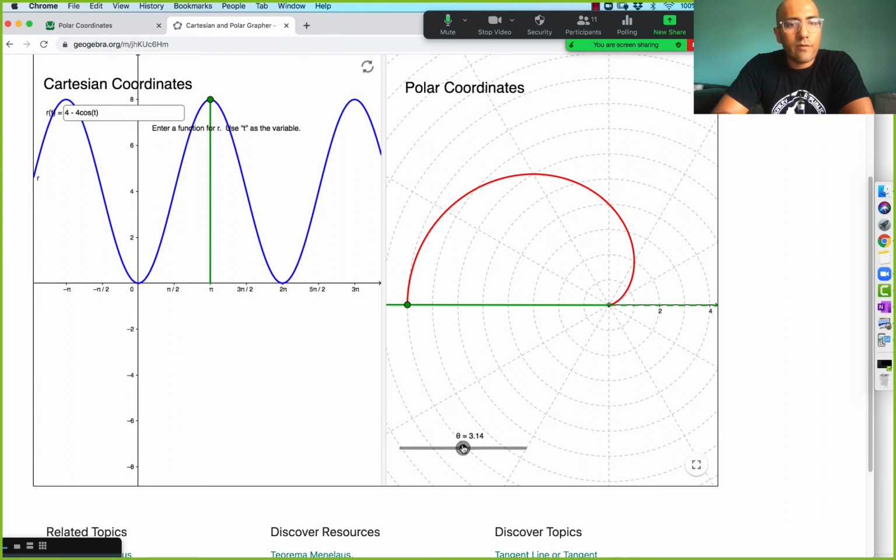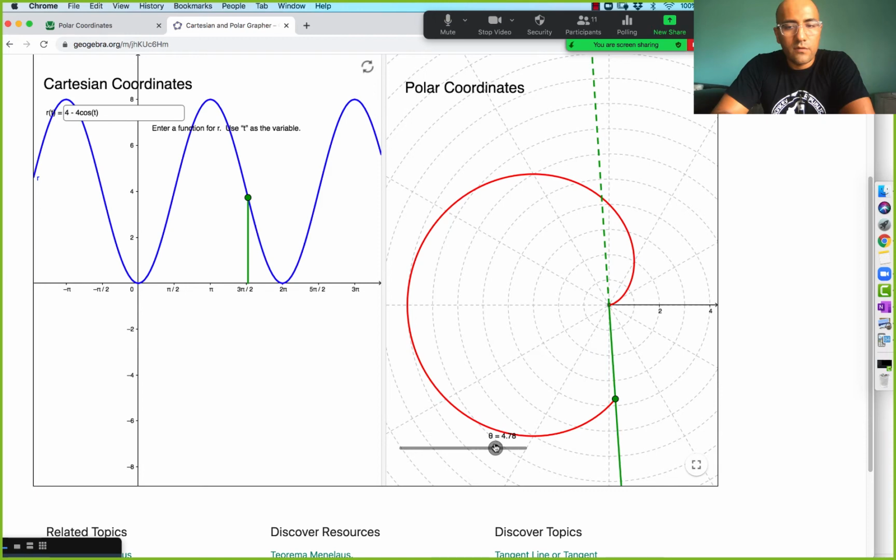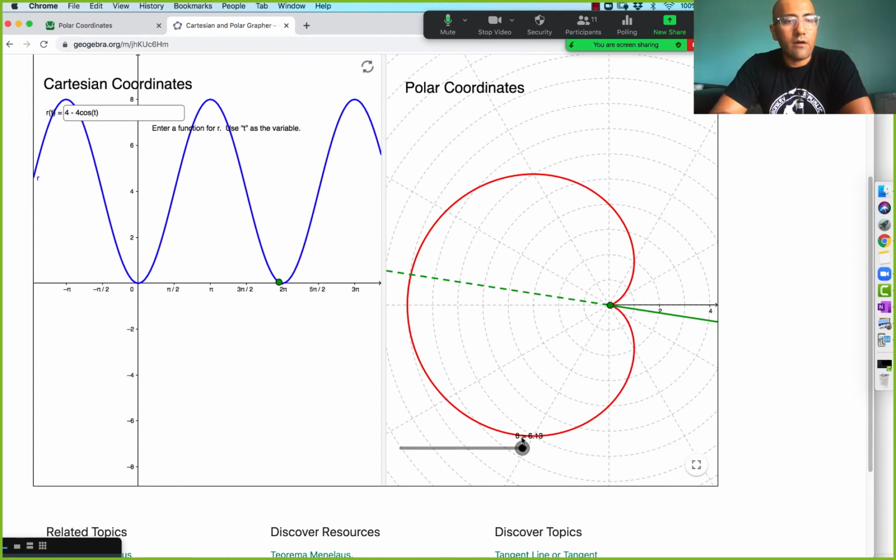Then we go from 8 back down to 4. And then from 4, we go back down to 0. Good, so it still made a cardioid, it just changed it in the other direction. That's what happens when we change it from a plus to a minus in here.